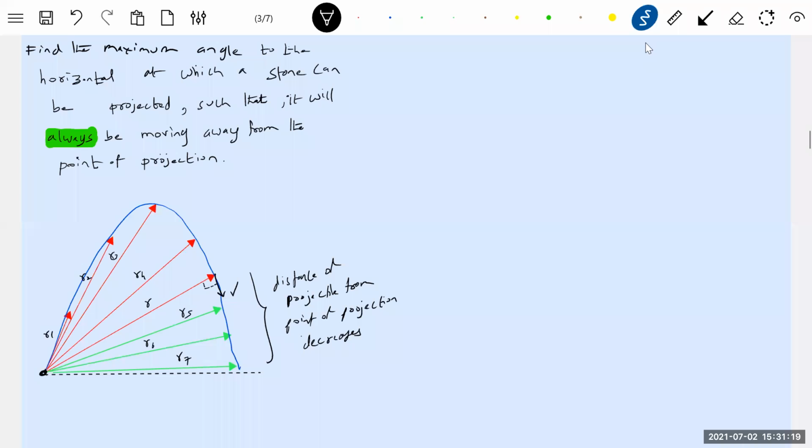All this remaining, this particular thing, distance of projectile from the point of projection starts increasing.